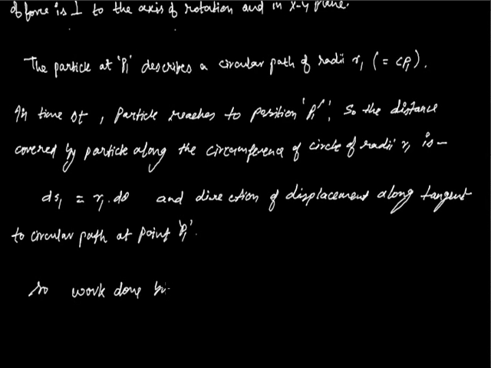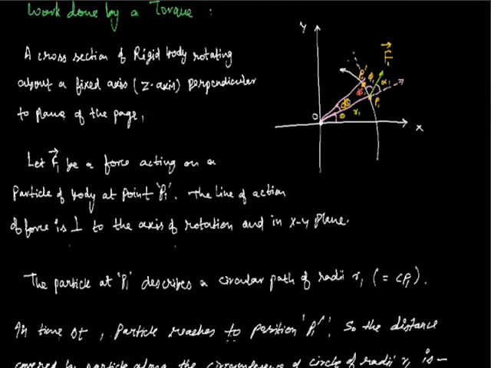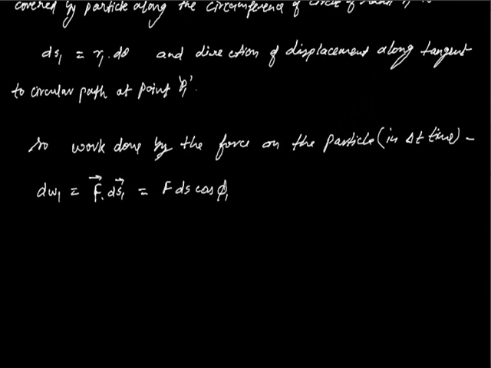So work done by the force on the particle in delta t time, dW1, is equal to the scalar product of F and ds1, that is equal to F ds cos phi 1, where phi 1 is the angle between the tangent to the circumference at point P1 and the line of action of the force, meaning phi 1 is the angle between force and the displacement.